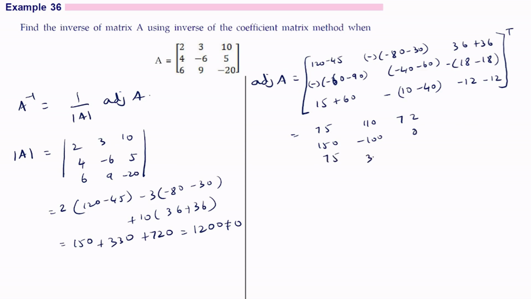Minus of minus 30 plus 30, and minus 24. The whole transpose. So this is equal to the transpose of this: rows become columns. 75, 150, minus 100, 0, then 75, 30 and minus 24.